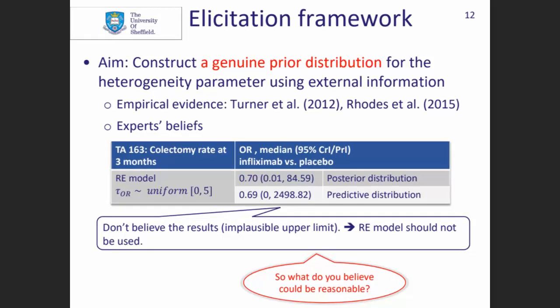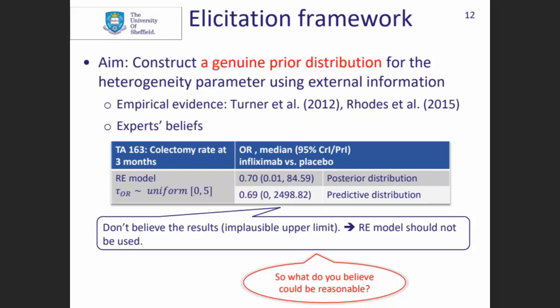The form of the external information could be empirical evidence. For example, Turner et al. and Rhodes et al. have analyzed over 10,000 meta-analyses published from Cochrane database of systematic reviews and propose a prior distribution for the heterogeneity parameter based on their analysis. So we could use that as a prior for our heterogeneity parameter.